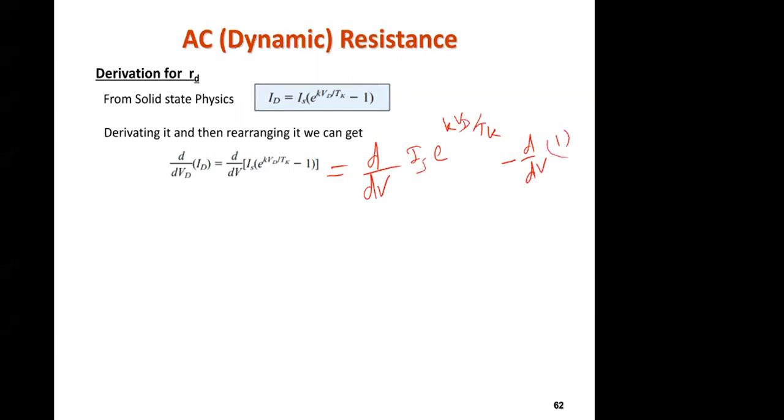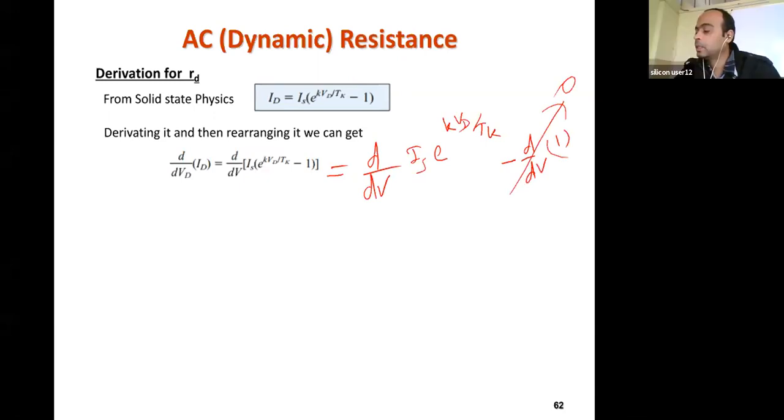That will be 0. So I have only the d by dV of Is e to the power this much. Is is a constant term, so Is will be taken outside.